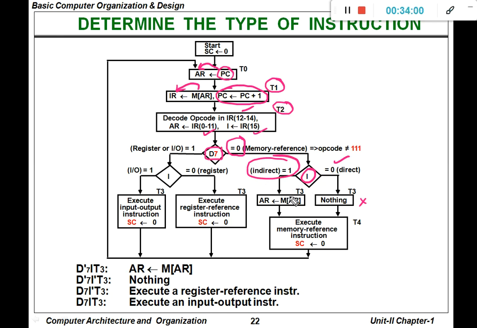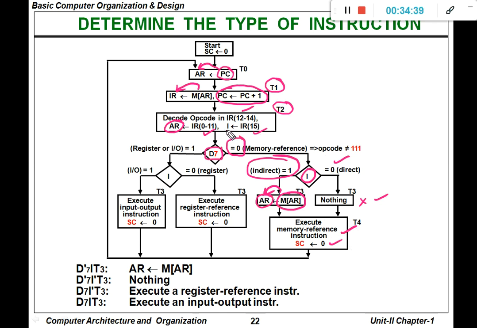That is, we are moving the indirect address to the effective address. If I is equal to 0, the AR already contains the effective address, so we do not perform any operation. Once the AR contains the effective address, we execute the memory reference instruction, and after executing it, set the sequence counter to 0.